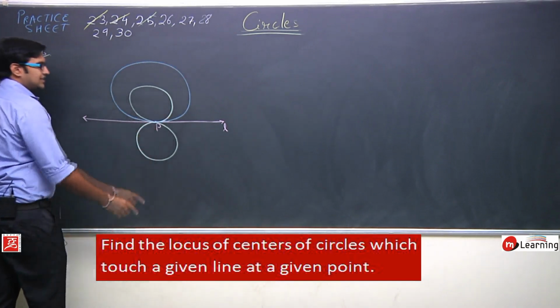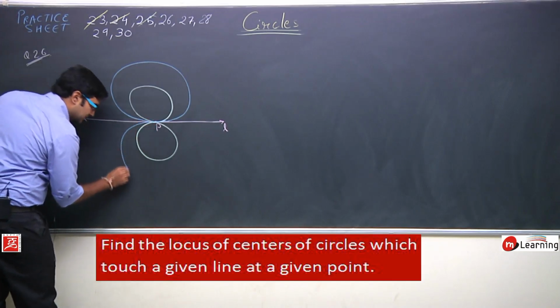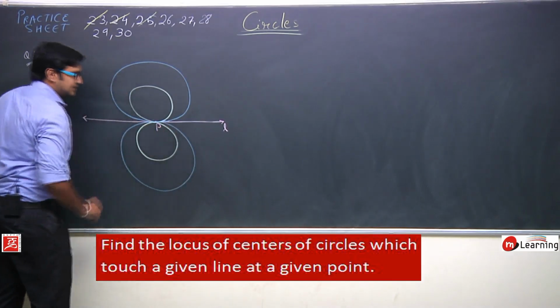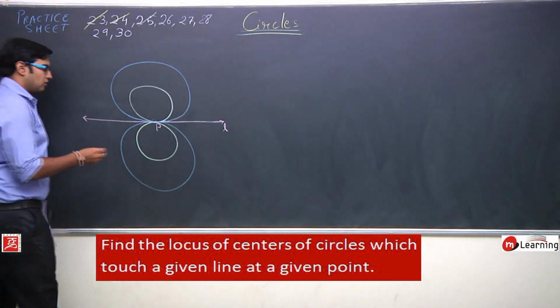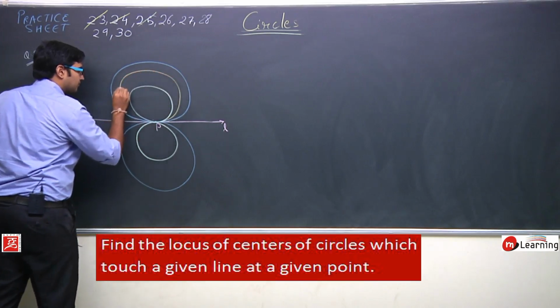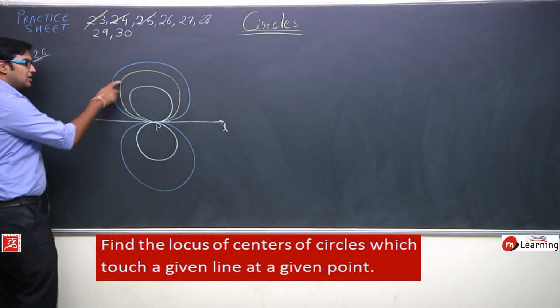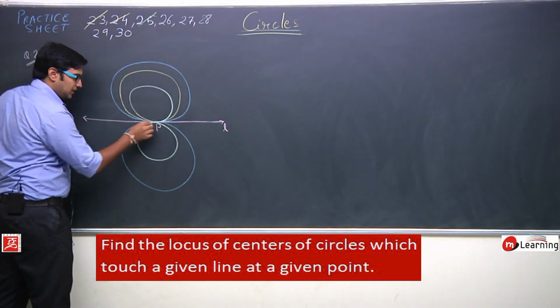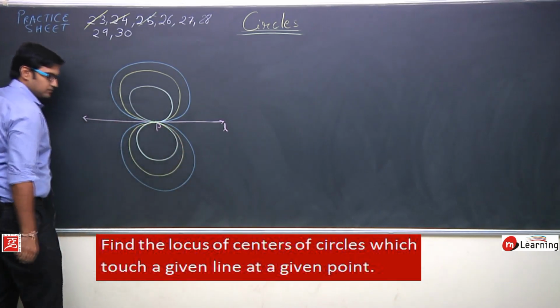This circle is also touching this particular point P, and one more circle like this which touches this given point P. After this I can draw one more circle like this. This circle also touches this particular point P, and this circle also touches the point P.